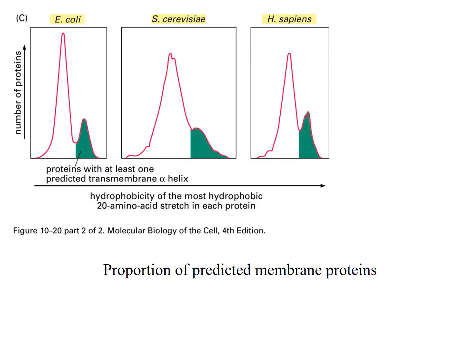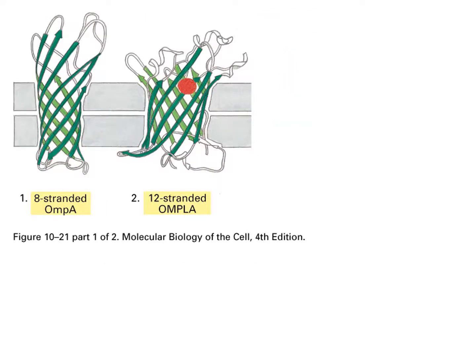And this shows the proportion of predicted membrane proteins. We have a lot of membrane proteins, but so does yeast and E. coli. So we're not so special in that we have so many membrane proteins. We don't have as much as you might think.